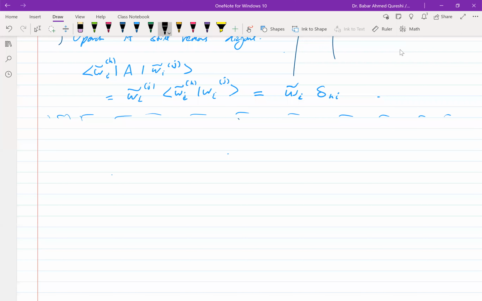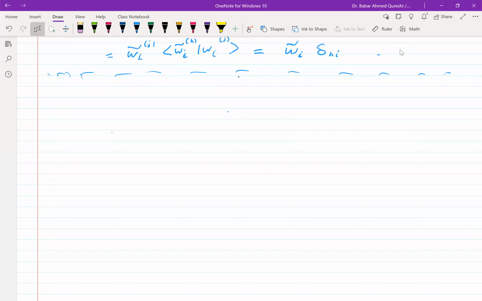Okay, so let me start and let's get back, with this discussion of the theorem done, to the postulates. This was postulate 3.